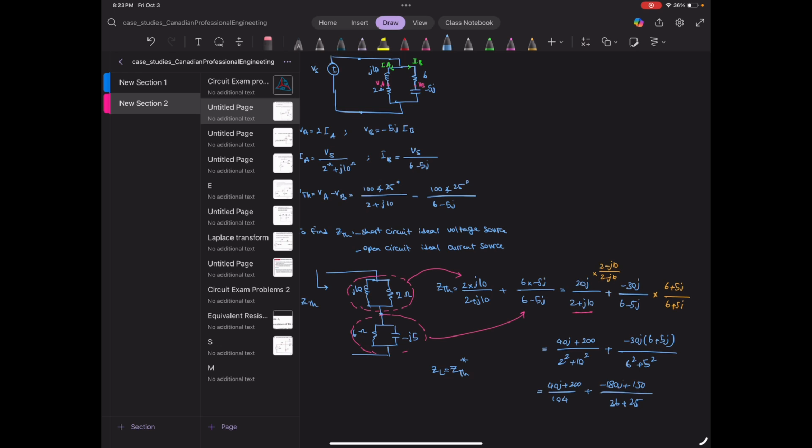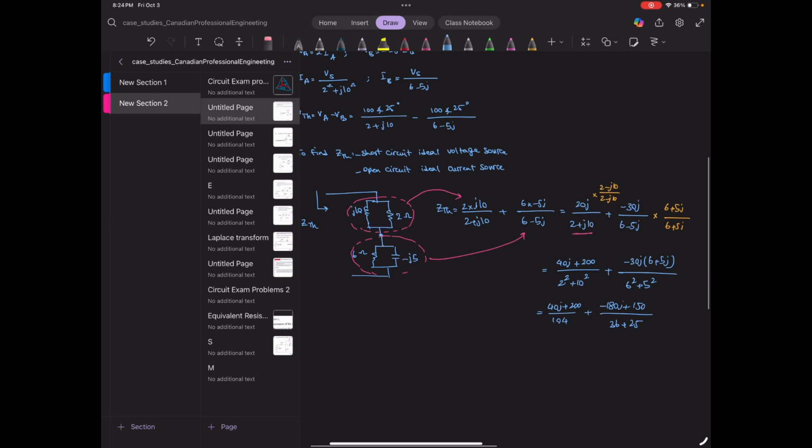And then, once you do this, you can say ZL for the maximum power delivered is ZTH conjugate.